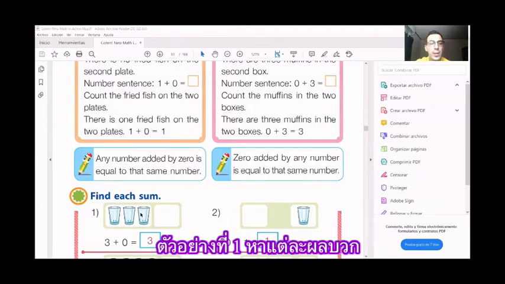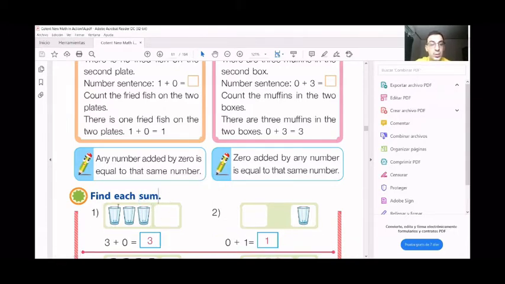Okay, here you have one example. We have to find the sum. Do you remember what the sum is? The answer of the addition. In the first box, there are 3 glasses. 1, 2, 3 glasses. So 3 glasses plus 0 glasses, because in the second box there isn't any glass.